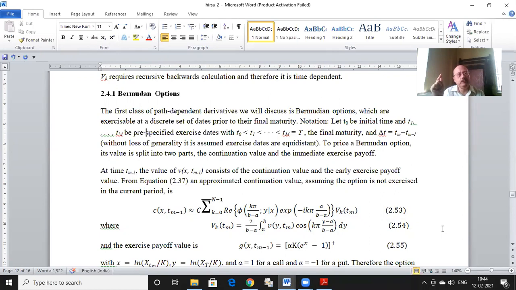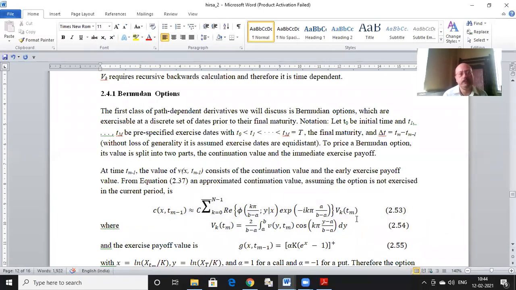Once we get that value, then that is used as an input in the last but one period, and successively till we reach time 0. So at each time point, all the solution numbers from the next period are going to be used as inputs. So it's a recursive kind of solution. And that's how it usually works. Numerically, it can be quite complicated.